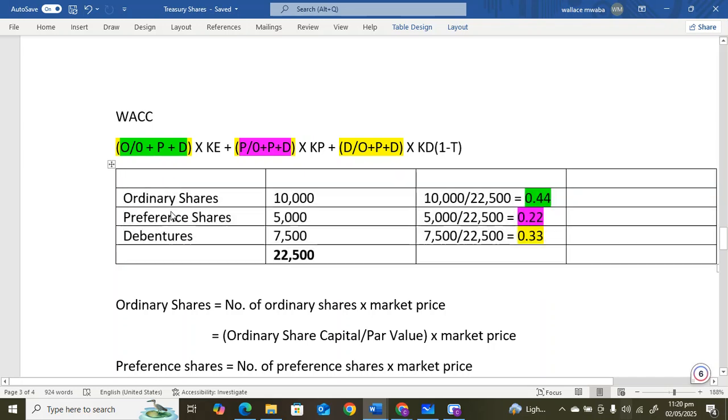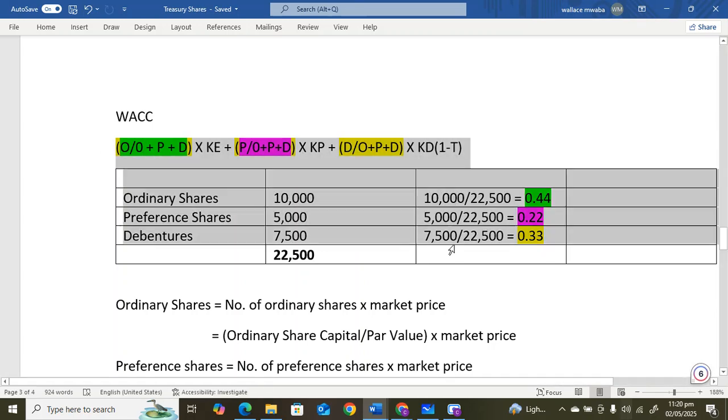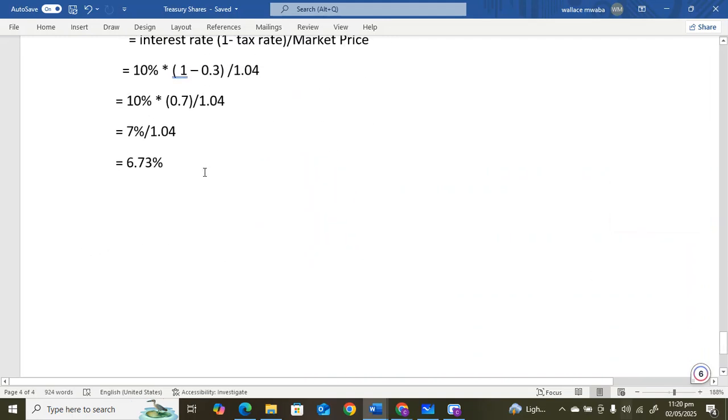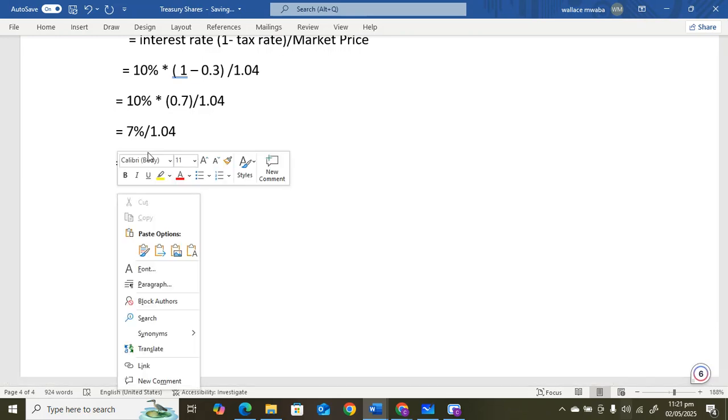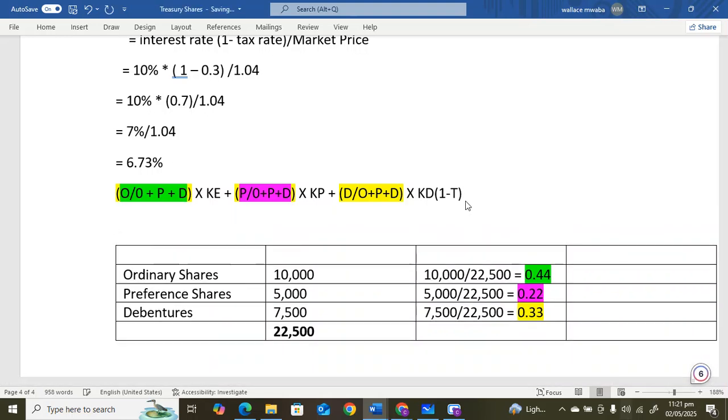So we get the weighted average cost of capital using the book values first, because we want to find, on average, what is the return that will make these providers of capital happy.